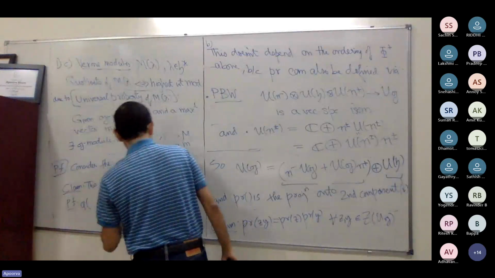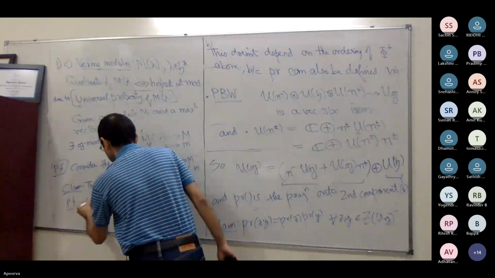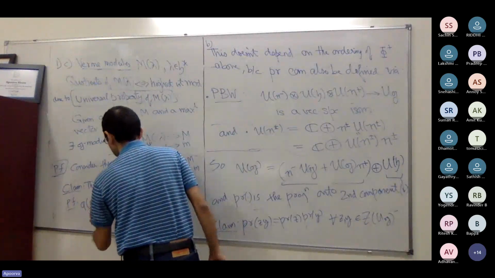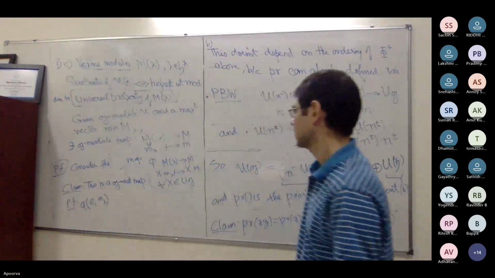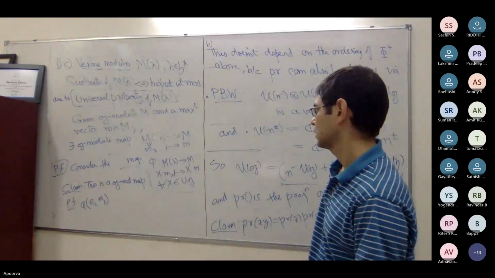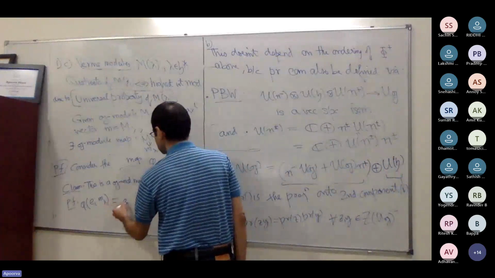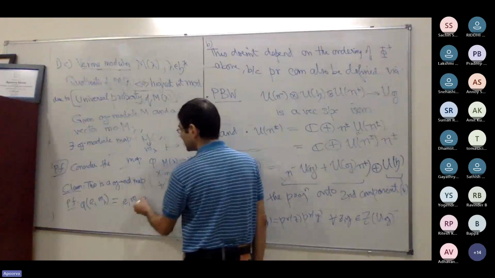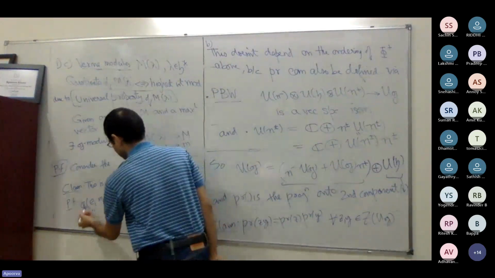So phi of E_i times m lambda is, by definition, E_i times phi of m lambda, which is m. But because m was maximal, this is actually 0 for all i. And this was also 0.